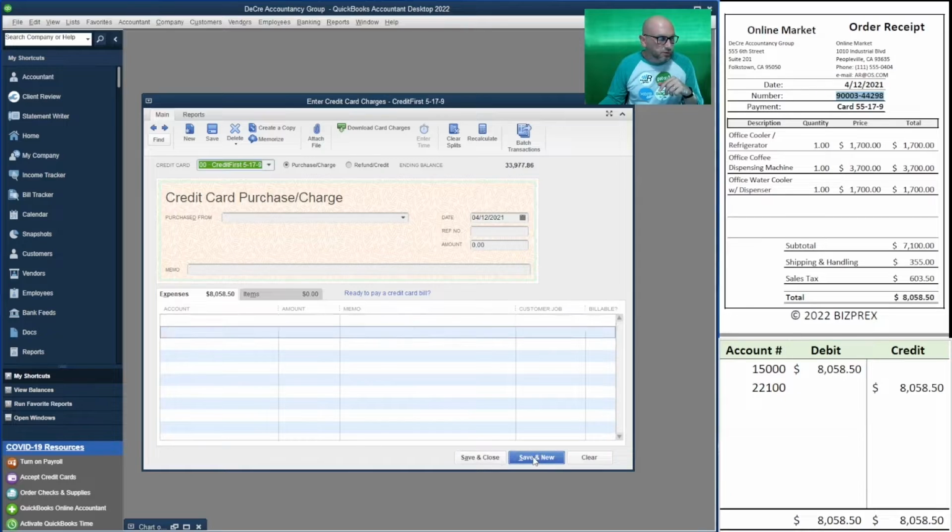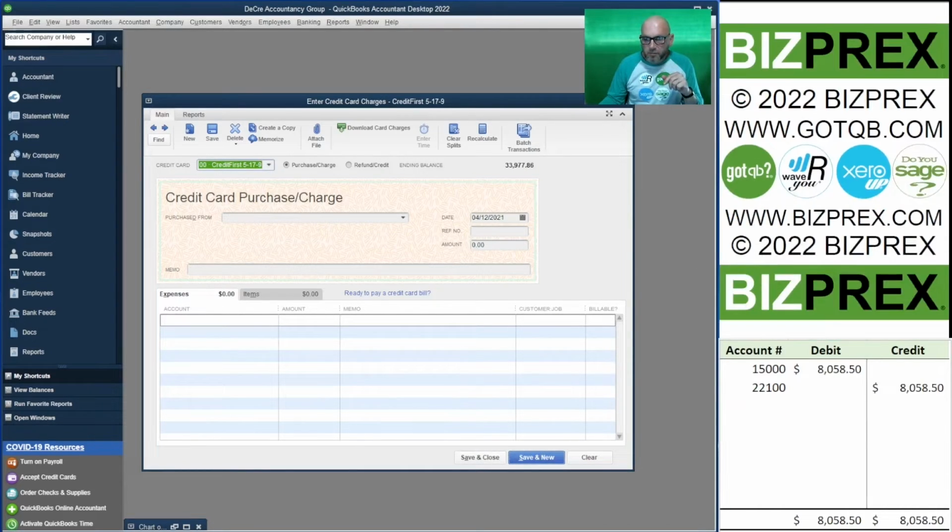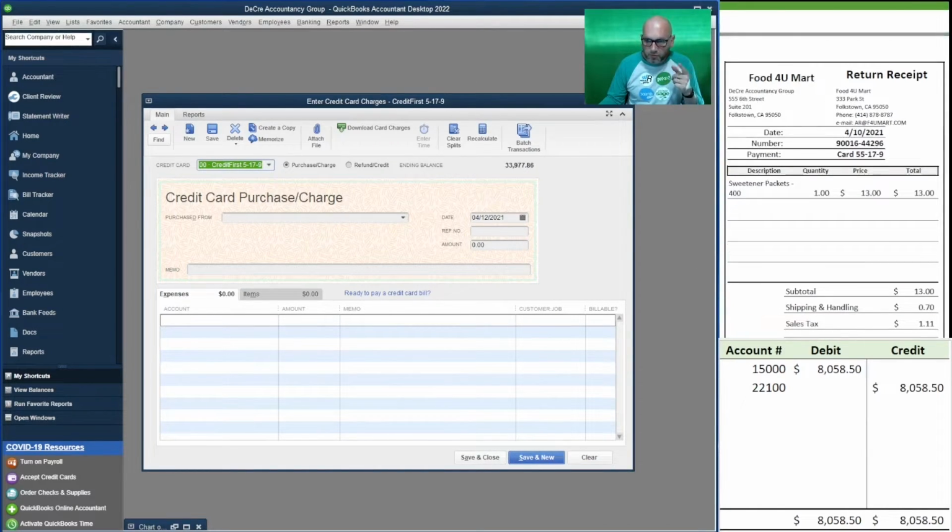We're going to save in new, and I'll tell you why. Because we also have a return, and we return some office supplies here. What happens? You stay on this interface, you click this button, all right? So just a few seconds ago, this window right here, this little interface was credits for 22,100.